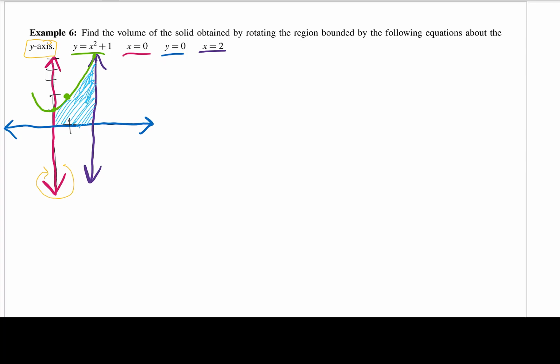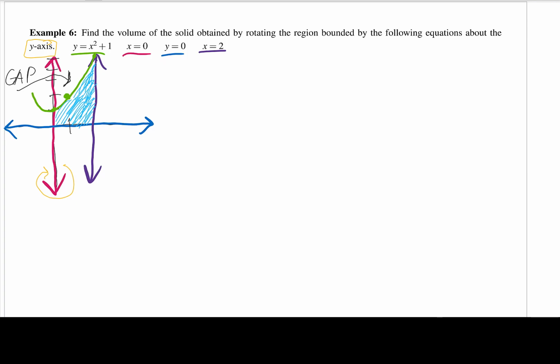And this will be the first time we use the washer method, because the reddish line represents our axis of rotation. And we can tell that in between our light blue region and this axis of rotation, right in here, we have this gap.